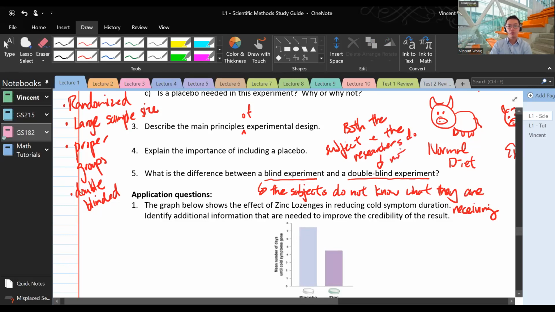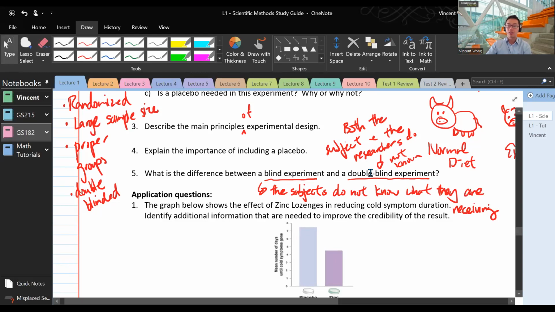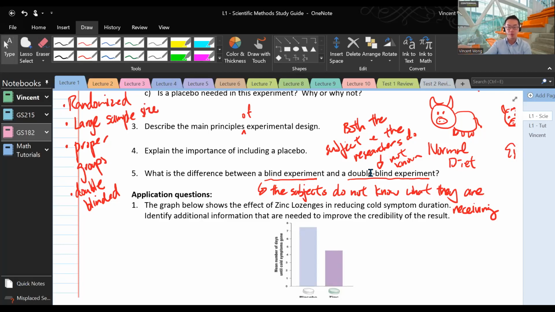I was listening to a podcast that played a clip of when Pfizer did their experiment and it was double blind. The people receiving it don't know what they're receiving, and the people who work at Pfizer doing the experiment also don't know. Then a third party holds the answer, a neutral party with no financial interest in the company.